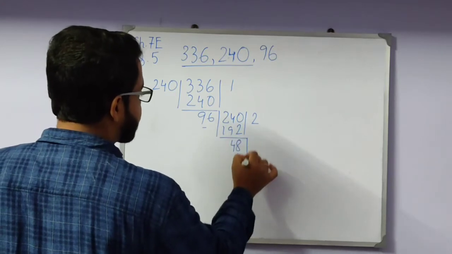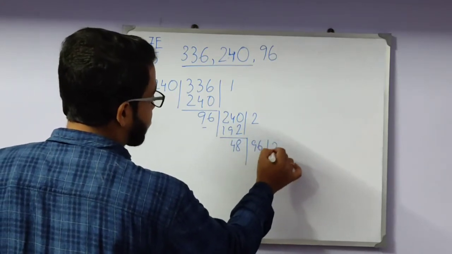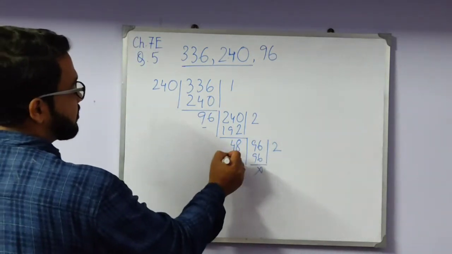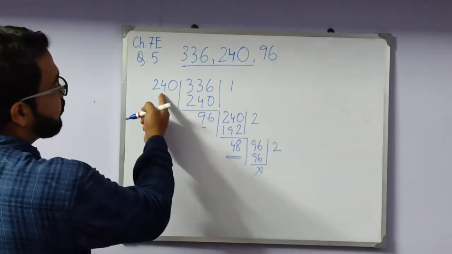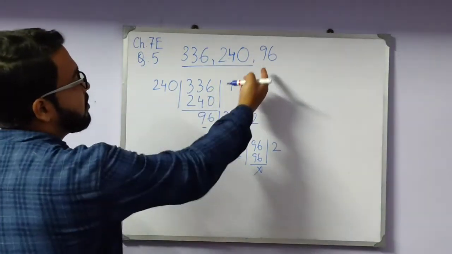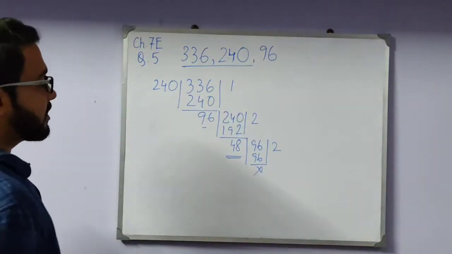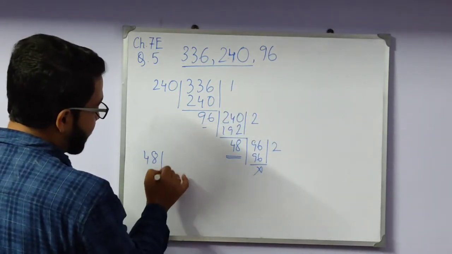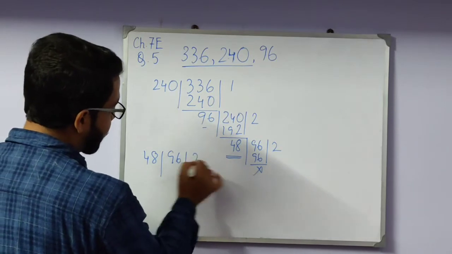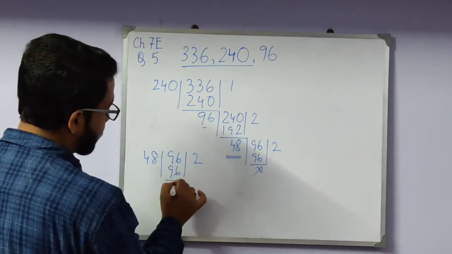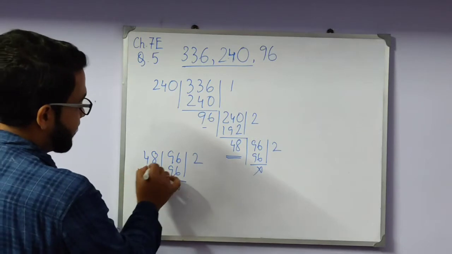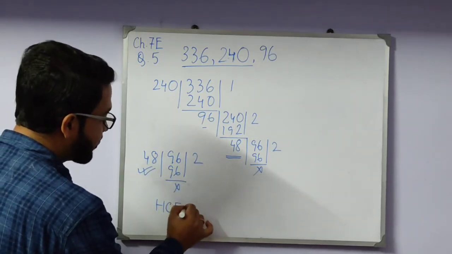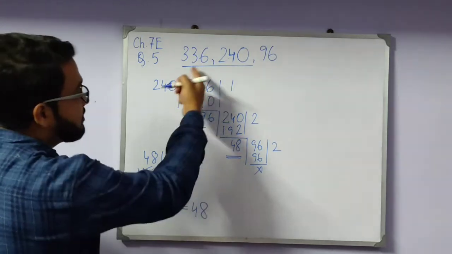Now this 48 is the HCF of 240 and 336, but we have to find another number, that is 96. Take 48 and 96 by applying division method, no remainder came, so 48 is my HCF. So HCF is equal to 48 of these three numbers.